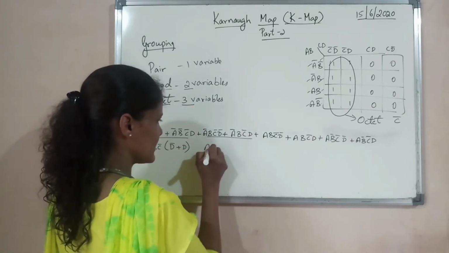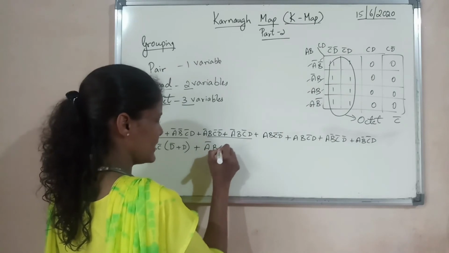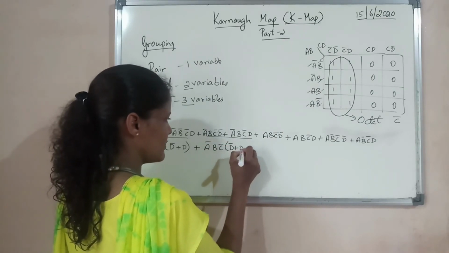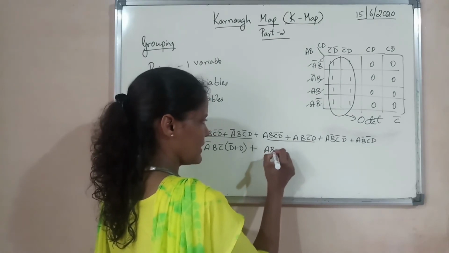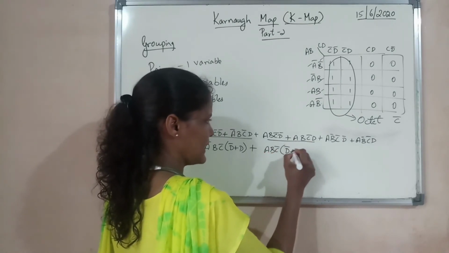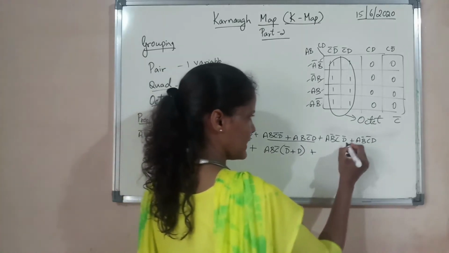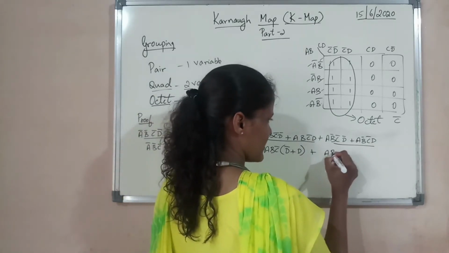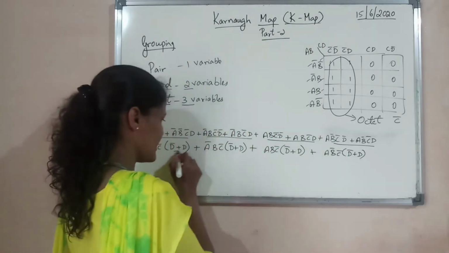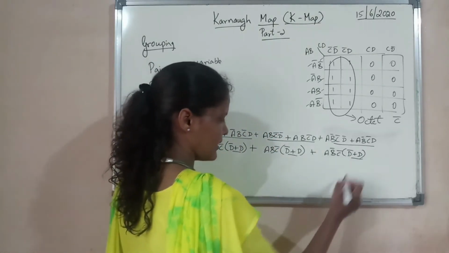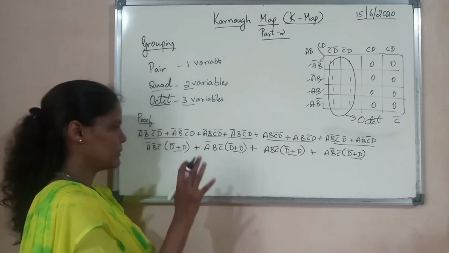In between these, A bar B C bar is common with D bar plus D. In between these, A B C bar bracket D bar plus D, and in between these, A B bar C bar bracket D bar plus D. So the value of these terms will be equal to 1.